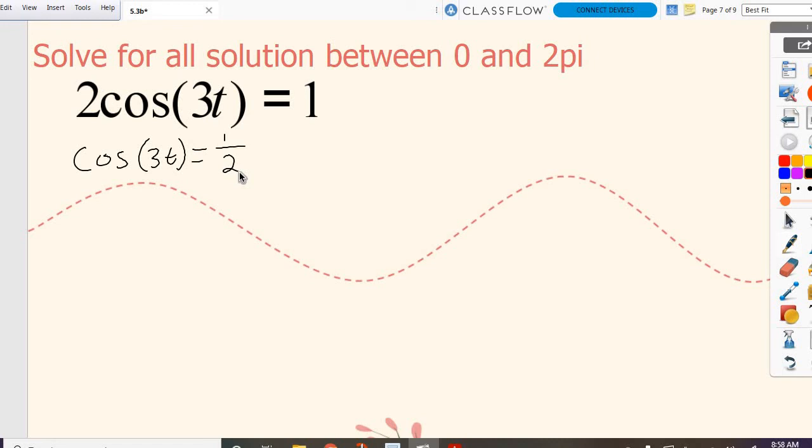Well, cosine is going to equal 1/2 at pi over 3. And then it's also positive in our fourth quadrant, which would be 5 pi over 3.